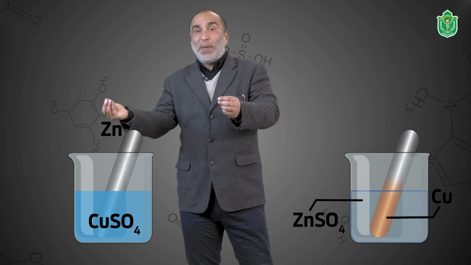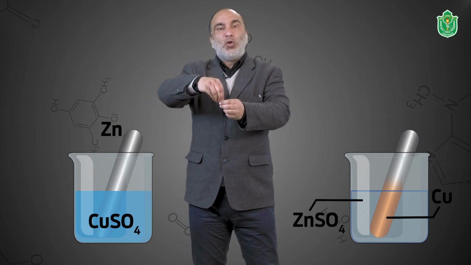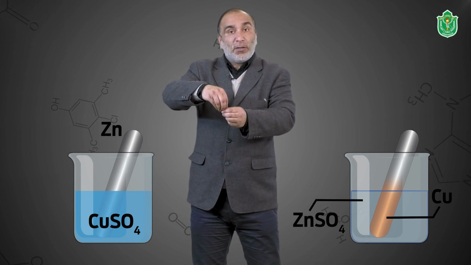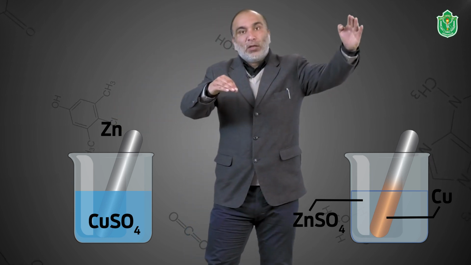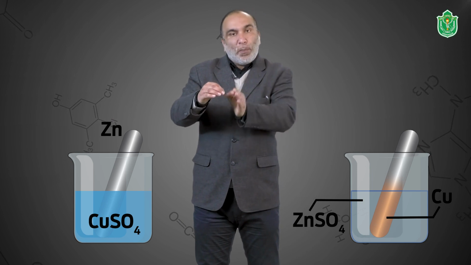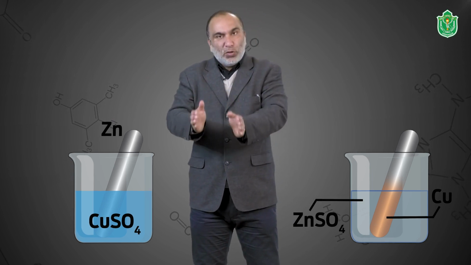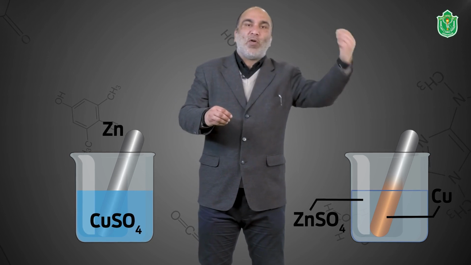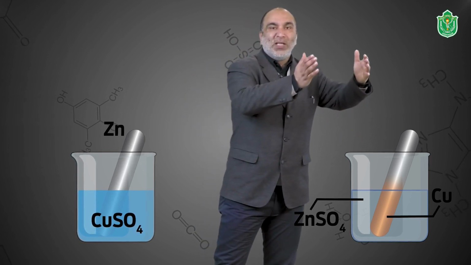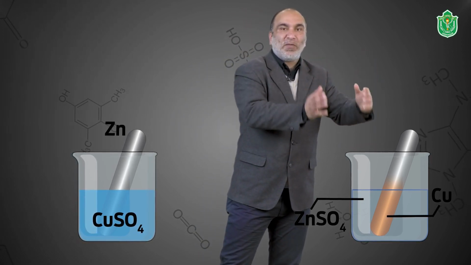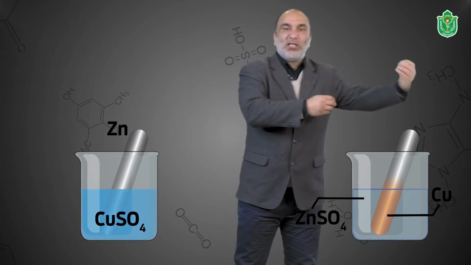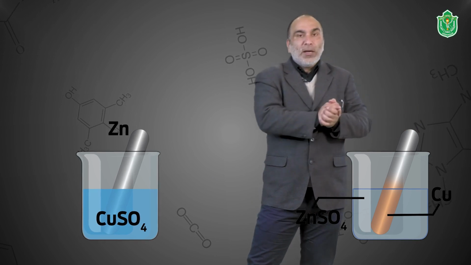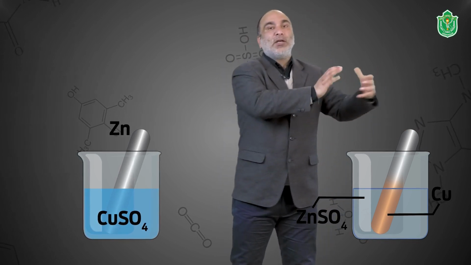Now, when zinc metal is introduced in the solution of copper sulfate, the more reactive zinc will displace the less reactive copper from its salt solution and will result in the formation of a new solution, a solution of zinc sulfate. And the displaced copper, we see the red color deposition of the copper on the zinc rod, the degraded zinc rod.